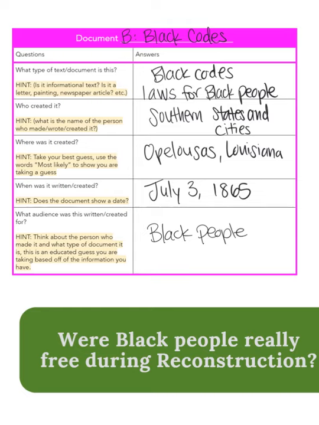Follow along as I read. Keep in mind both the information we learned from sourcing and the big question, were black people really free during Reconstruction? Does this document support the claim that black people were free? Or does it support the claim that black people were not free during Reconstruction?